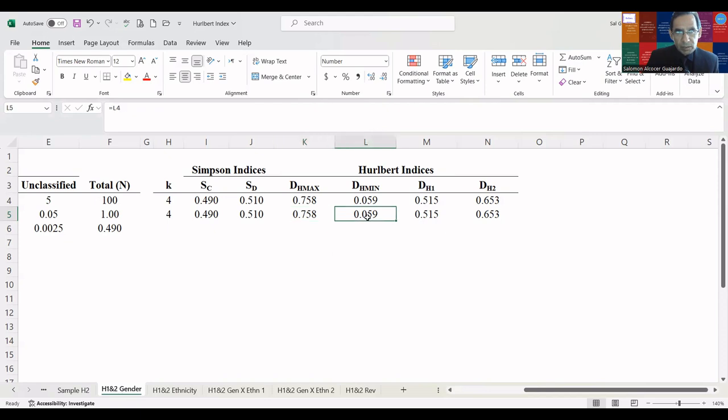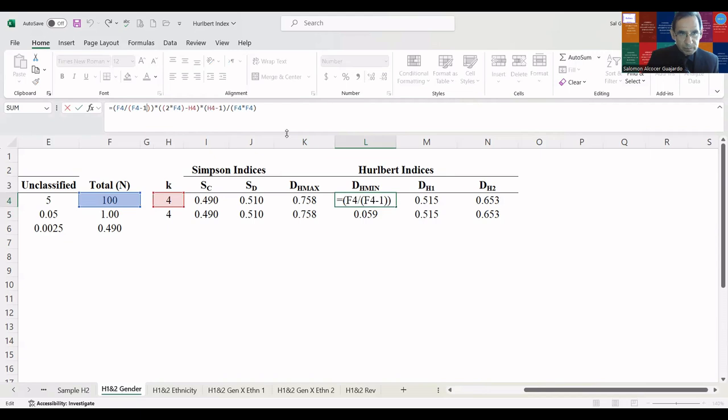To calculate the minimum score, remember the formula is going to be the total number of individuals in the organization divided by the total number of individuals in the organization minus 1. I'm going to multiply that by the total number of individuals in the organization times 2 minus the number of groups, in this case 4.